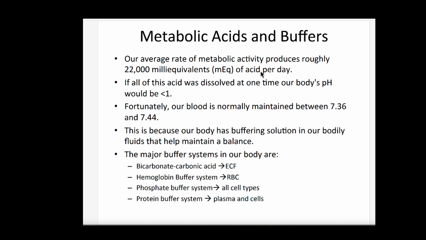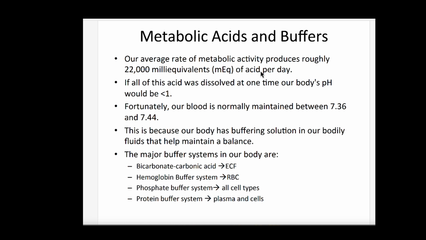So the various compartments of our body and the solutions within have certain parameters that the pH should be around. For example, our blood is normally maintained between 7.36 and 7.44. Intracellular pH is about 7.1, usually between 6.9 and 7.4.